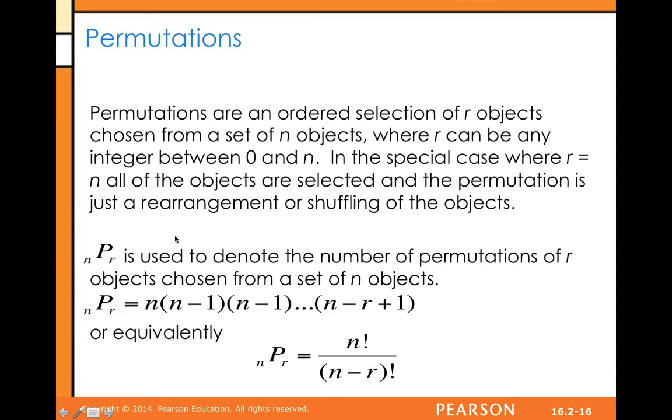The number of permutations of a set of size n, where you're choosing R objects from that set, is denoted nPr, and that's used to denote this fraction: n factorial, which again is n times n minus 1 times n minus 2, etc., divided by n minus r factorial. I show this to you just to show you what the definition is. Most calculators will compute nPr for you.